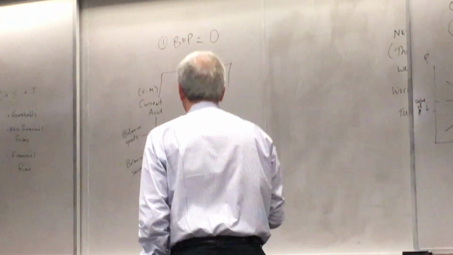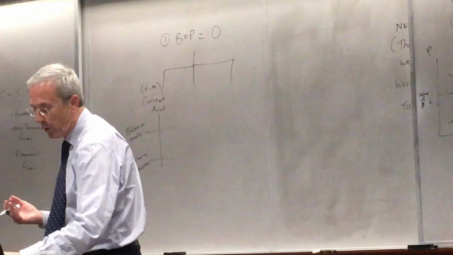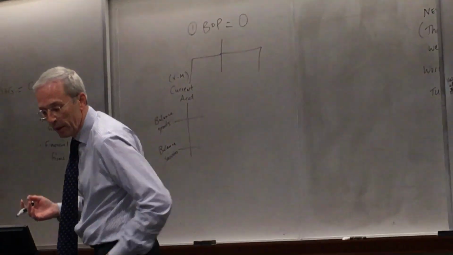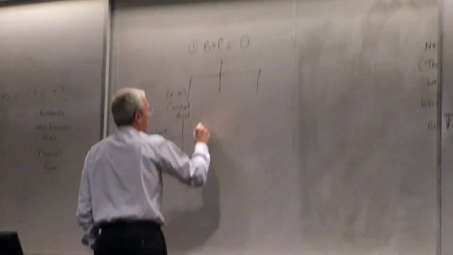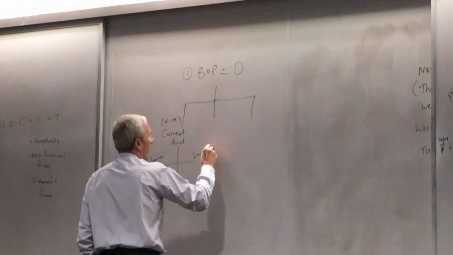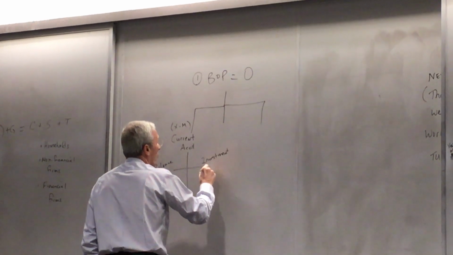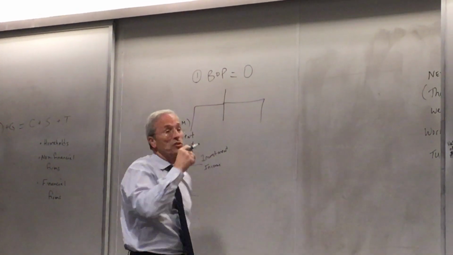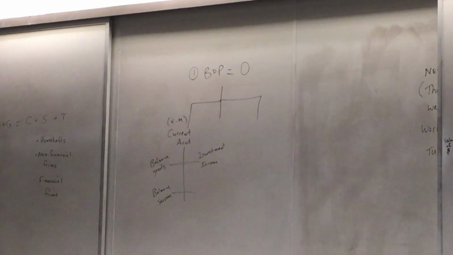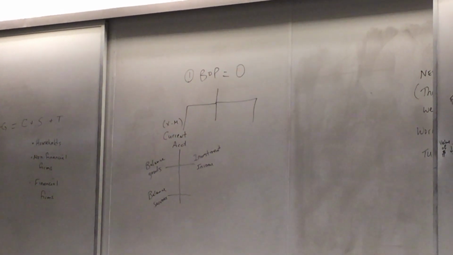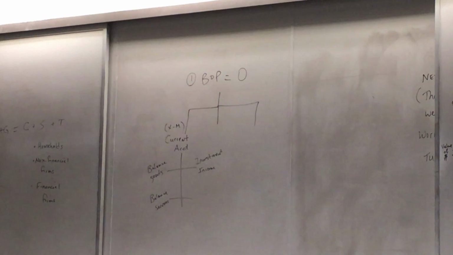It also has two other components to it. It has investment income, the balance of investment income. What does that mean? That means in the past, Americans have invested abroad and foreigners have invested in the United States.